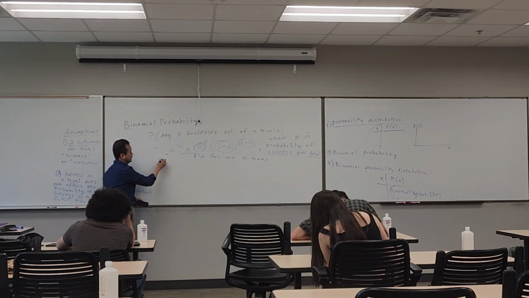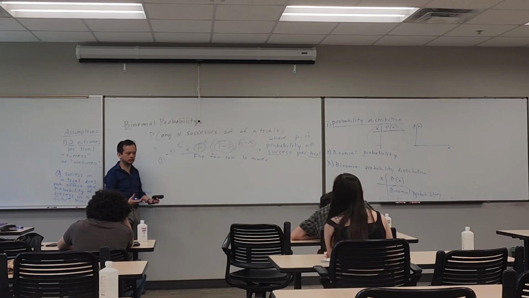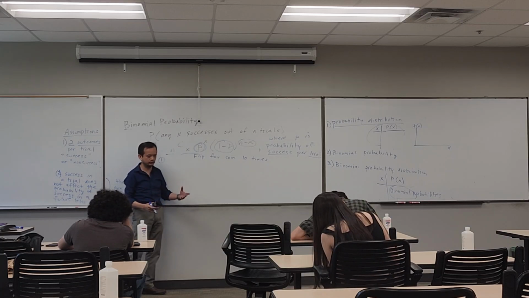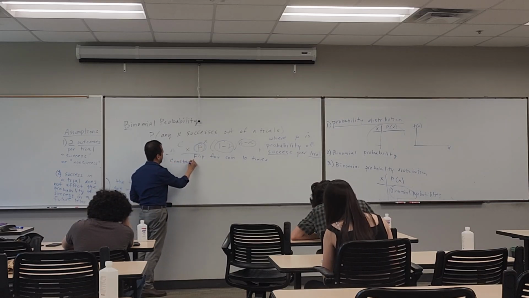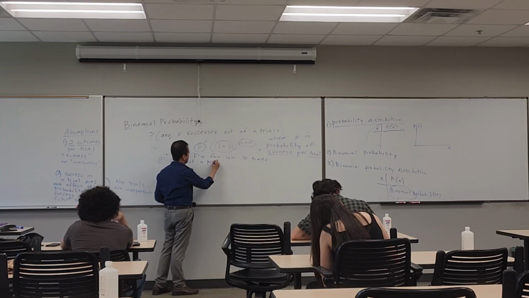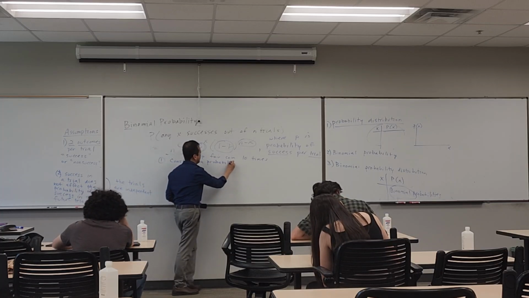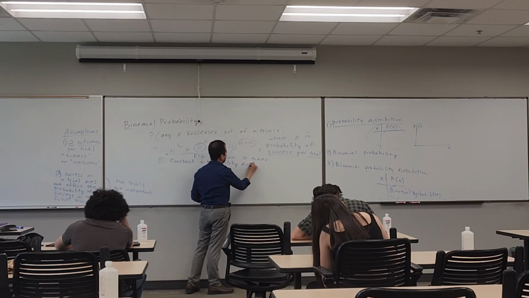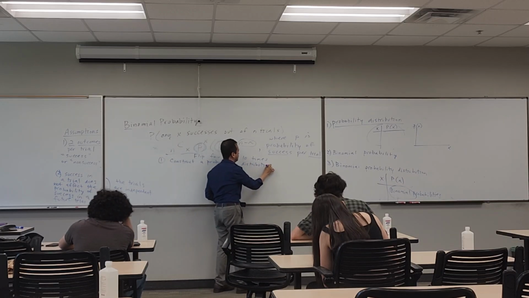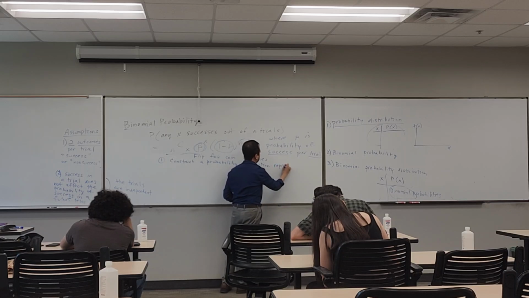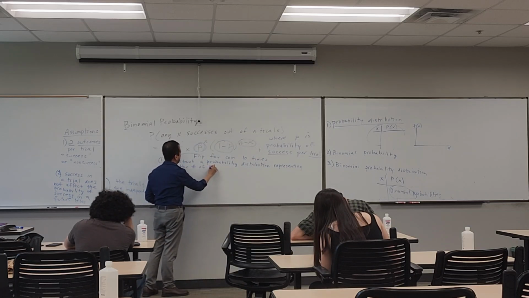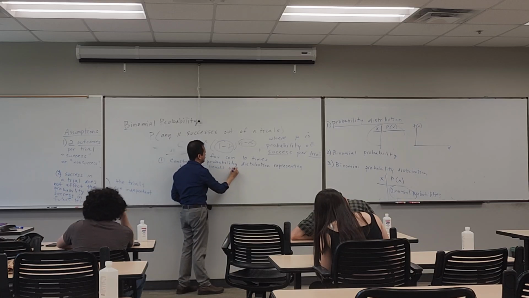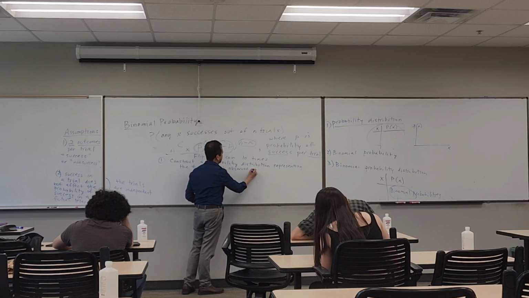So the first thing we'll do is, let's say I asked you to construct a probability distribution representing the number of heads observed out of the 10 flips.